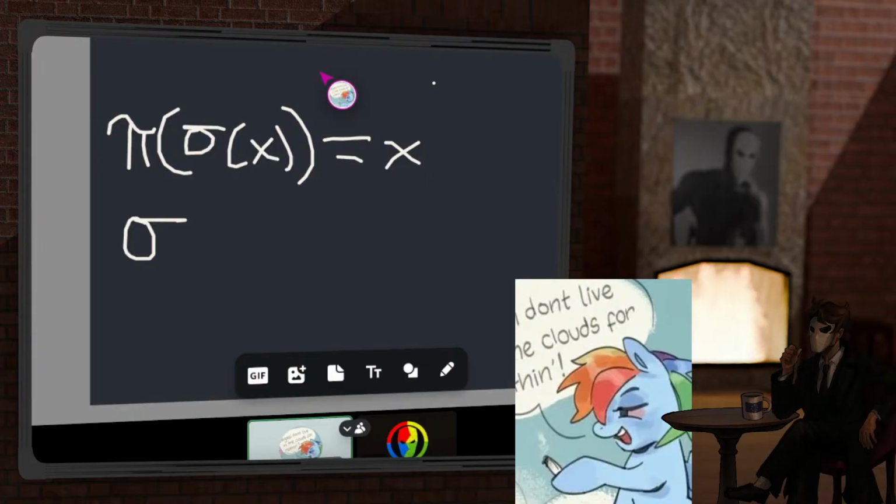Basically, projections and sections are inverses. So then, essentially, vector fields are these sections, because they send a point on the manifold to one of our tangent spaces.